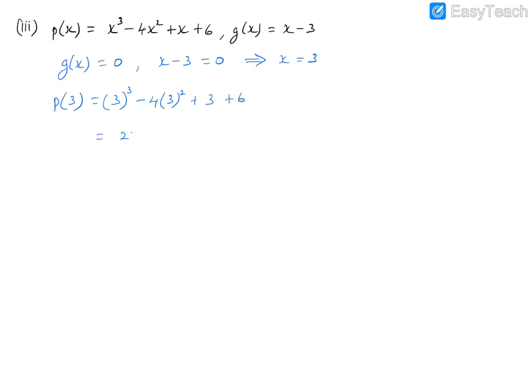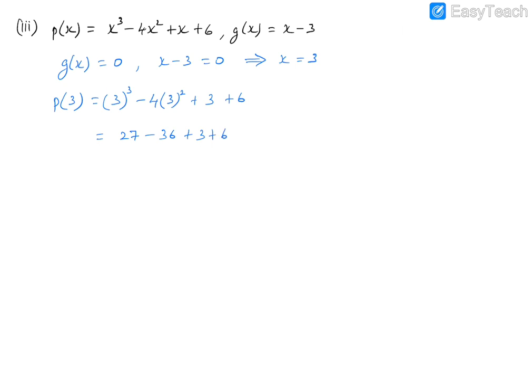6. So 3 cube is 27. That's 3 into 3 into 3. So that's 27. 3 square is 9, and 9 into 4 is 36. So it's minus 36 because there's a minus 4 there. And plus 3 plus 6.